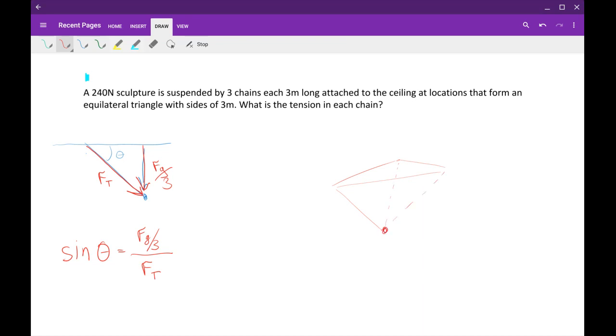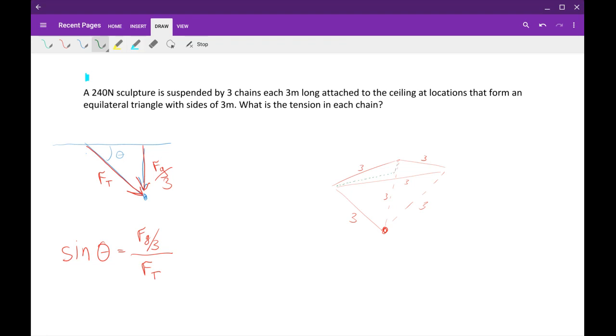So you've got your sculpture here. It turned out to be pretty okay. And each one of these is 3, 3, 3. What we need to do is figure out the angle these chains make with horizontal. I'm going to draw a dotted line like this.